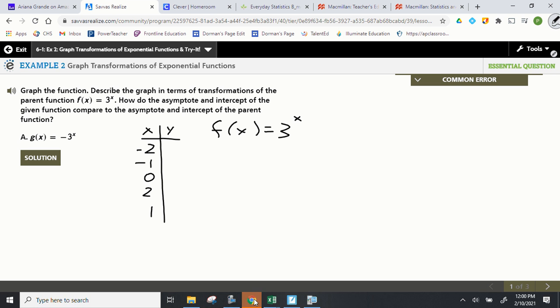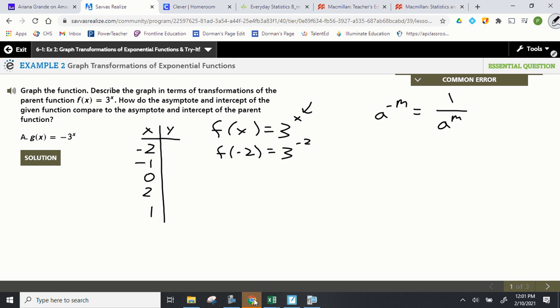So if I plug -2 right in there, we wind up with something interesting. That's f of -2 is 3 to the -2 power. Remember our rule that said that if we have some a to the -m, that's equal to 1 over a to the m.